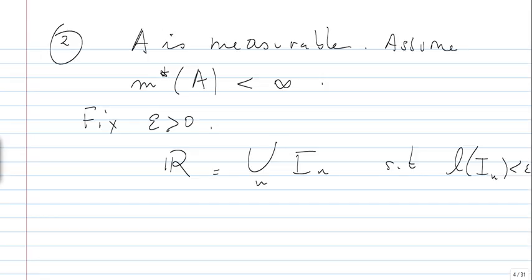The same argument gives that A is the union of A intersect I_n.